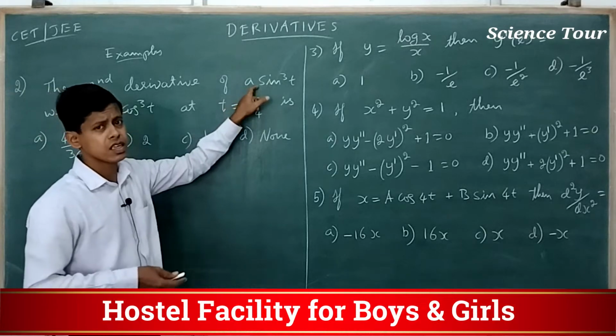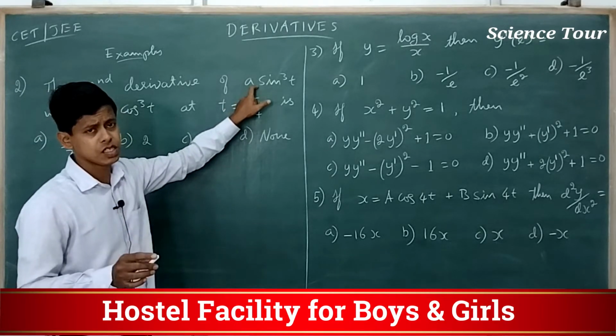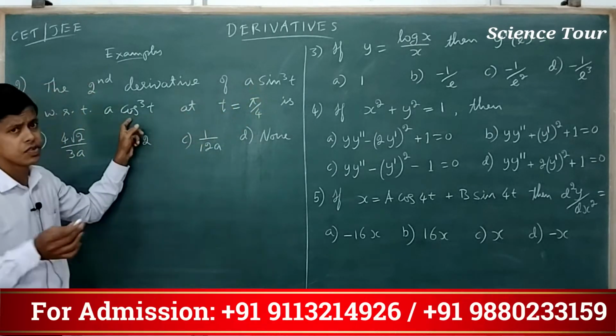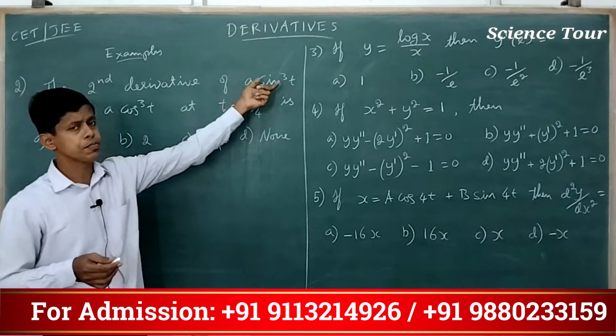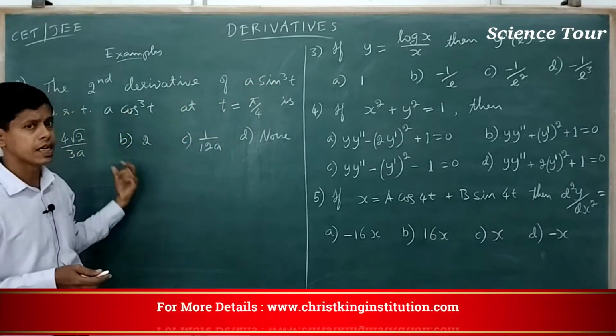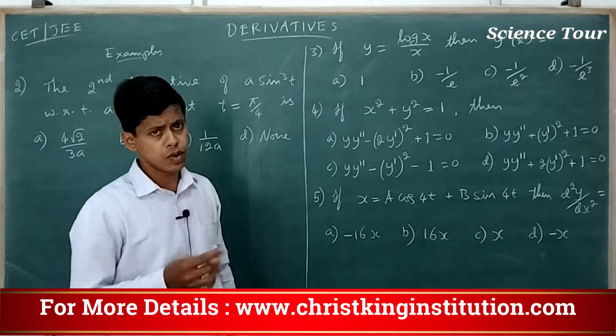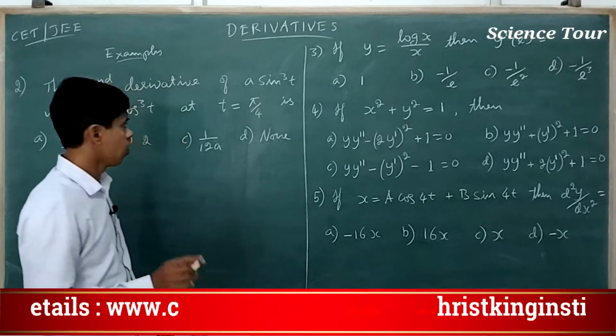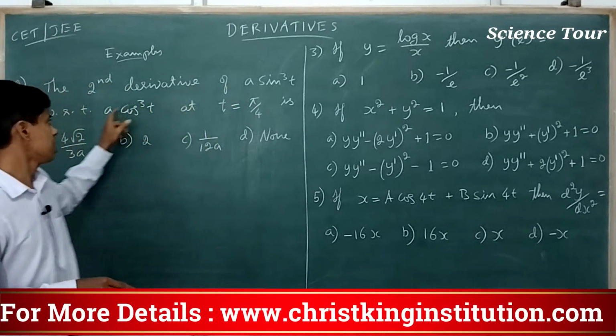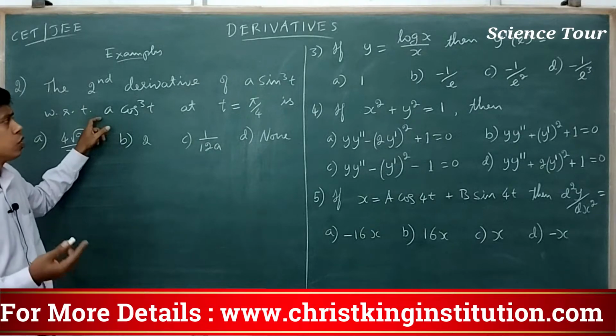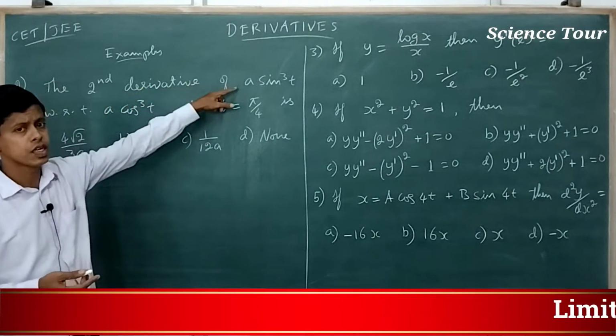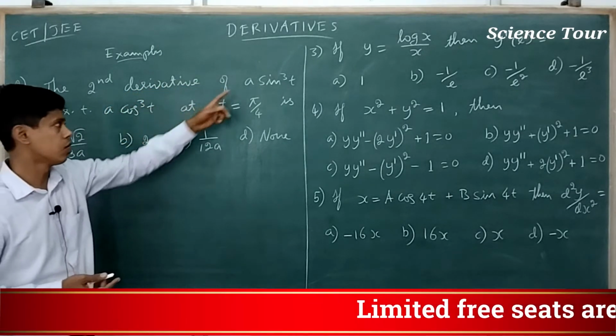You have to take the first expression as u and the second as v, and find du by dt and dv by dt here, and hence you can find du by dv, or you can take this as x and then y. So you can find derivative of x with respect to y, or the other way around.